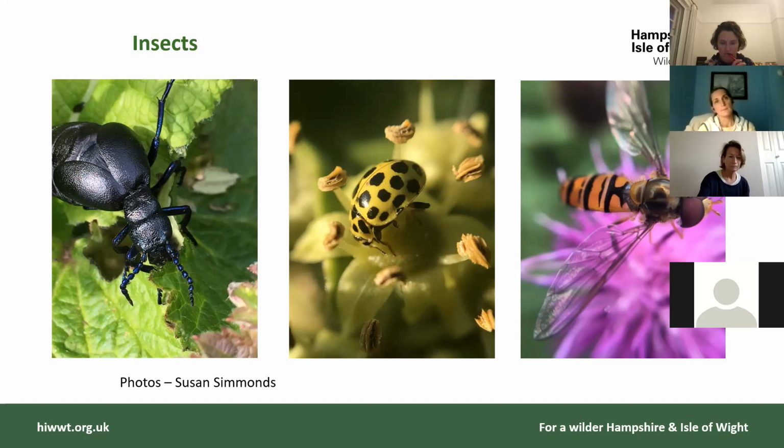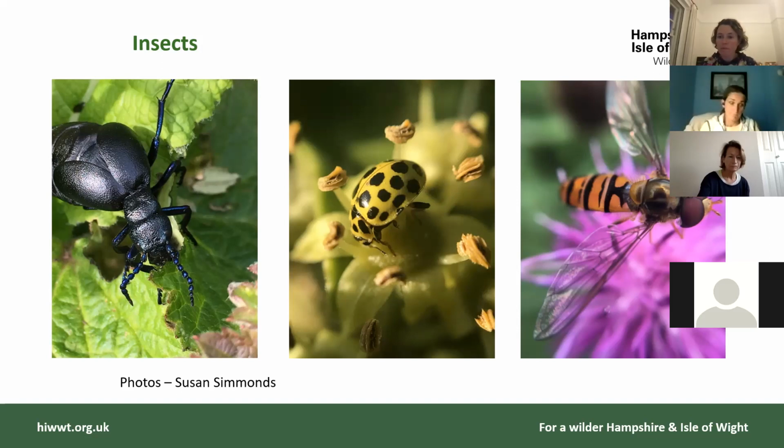The oil beetle larvae hatch and climb up a flower, and when a solitary bee flies to the flower to feed, the larvae grab hold of the bee, and the bee flies back into its own burrow to feed its young, taking the oil beetle larvae with it. Then the oil beetle larva is a parasite and will feed on the bee larvae and the bee food. So really interesting associations that can go on just on your lawn, actually.